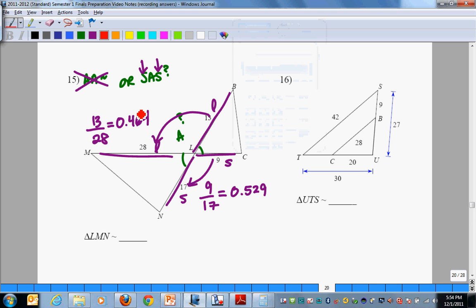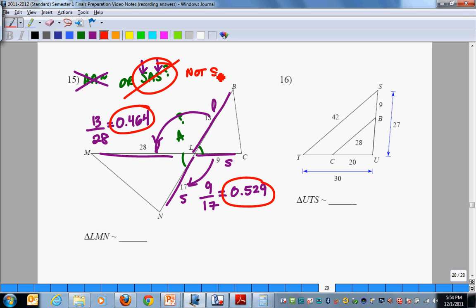Notice the ratio of the sides does not match. So it cannot even be side-angle-side. So number 15 is an example of something that is not similar. Because it is not similar, there is no similarity match here.